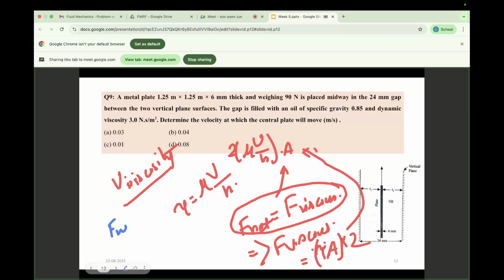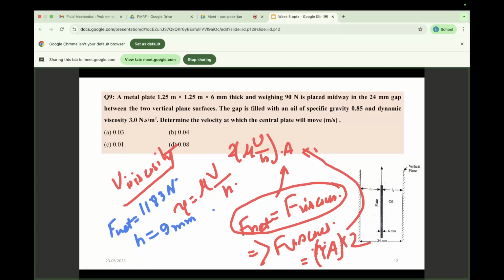F net I got as 11.83, right? So next H is the distance, this distance, H is 9 mm, right?